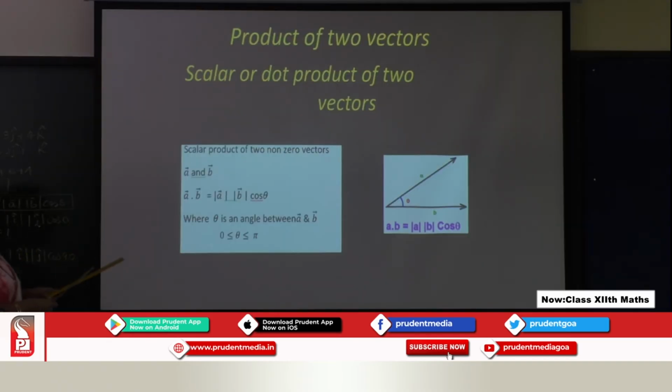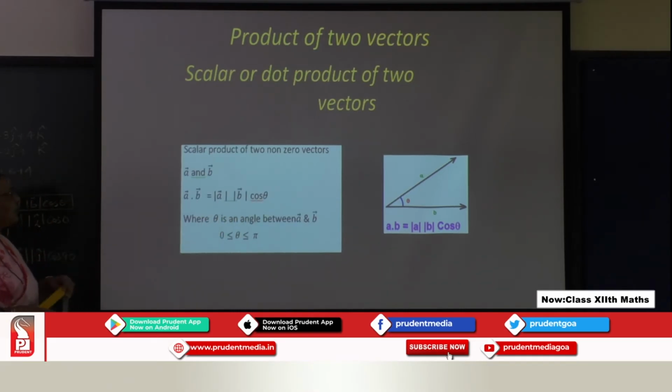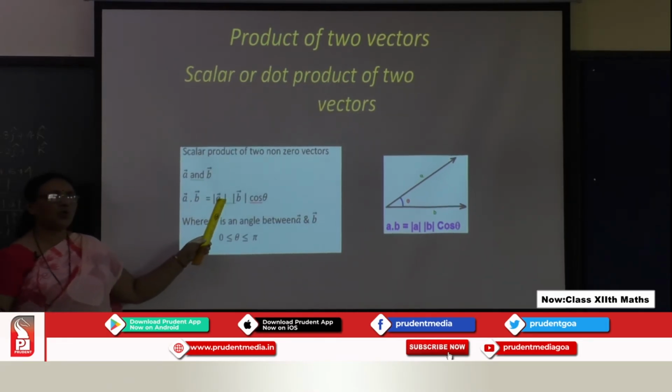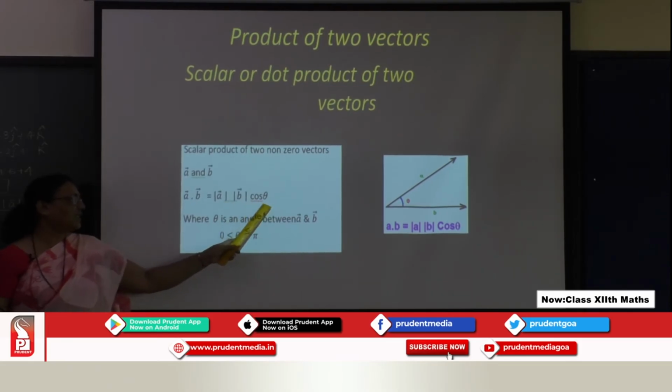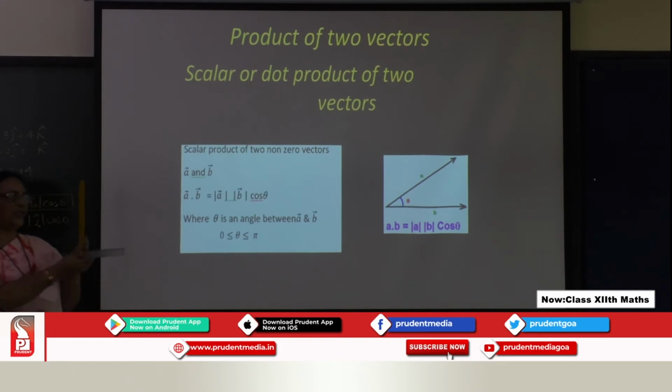If A bar and B bar are two vectors, the dot product or scalar product of these two vectors is the magnitude of A into the magnitude of B, and cos theta, where theta is the angle between these two vectors. So the dot product formula is A dot B equals magnitude of A, magnitude of B and cos theta, where theta is the angle between A and B and theta lies between 0 and pi, including 0 and pi.